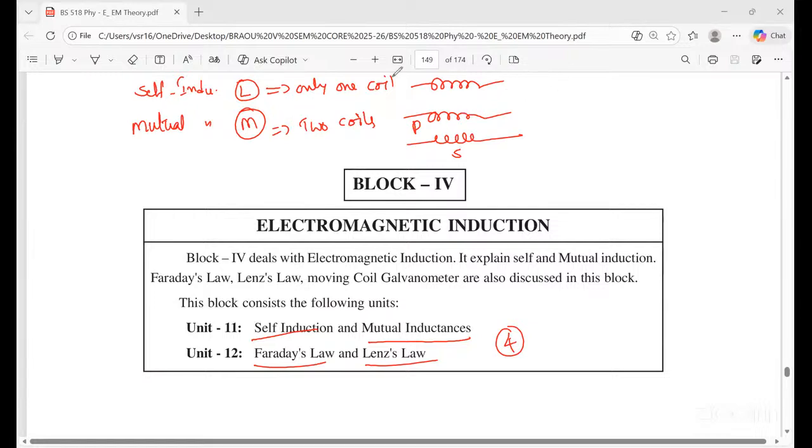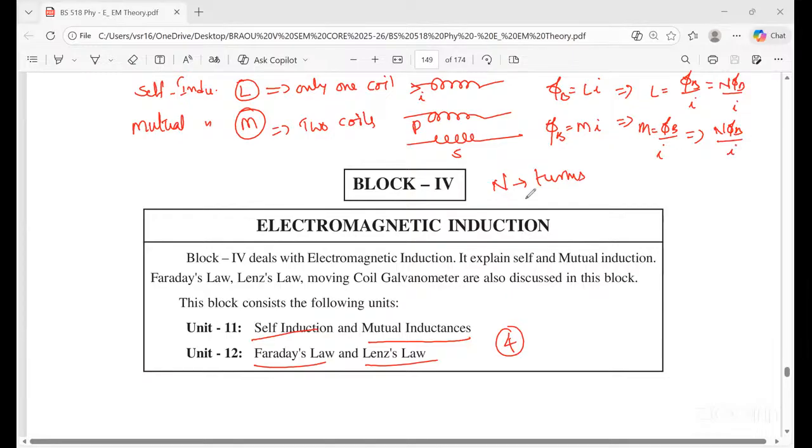Okay. So whenever a current is passing, if n number of turns are there, this equation n phi v by I, here also n phi v by I. So phi v is measured in Weber, I is in ampere, so Weber per ampere.